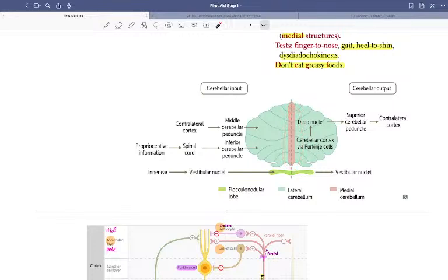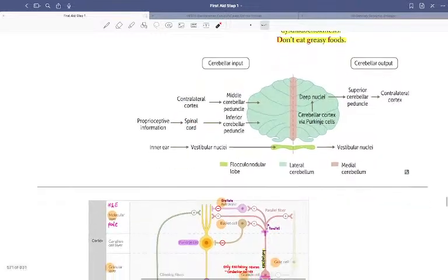From the cerebellar cortex via Purkinje cells we have the deep nuclei, then the superior cerebellar peduncle and the contralateral cortex. So this is the output pathway and this is the input pathway.